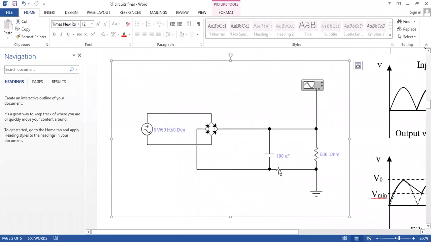Here we used two diodes for one half cycle, so all output waveforms are positive.